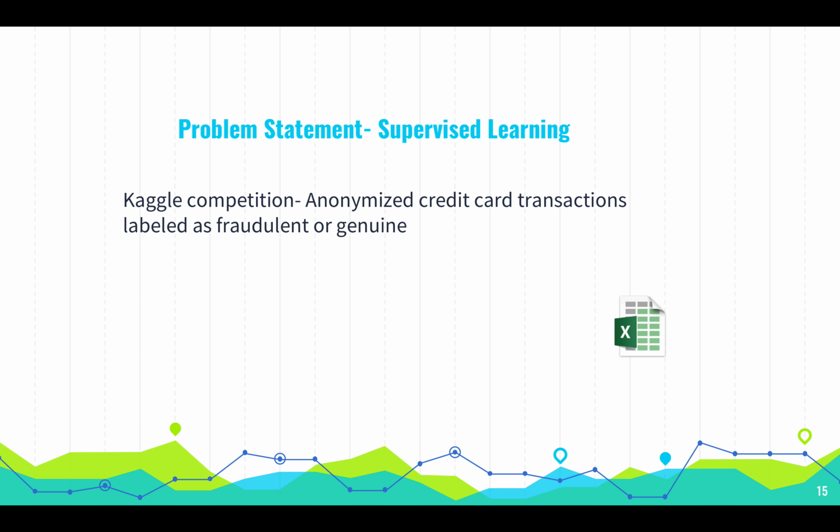Now, the problem statement of supervised learning. This is basically a Kaggle competition. I'm sure everybody must have seen this. It is an anonymized credit card transaction dataset labeled as fraudulent or genuine. This is an Excel sheet, I will just open it for you.